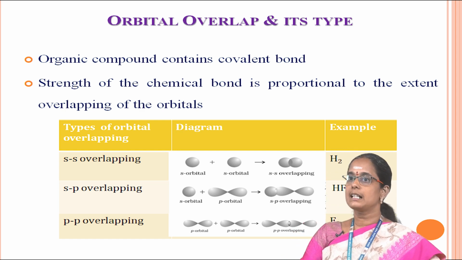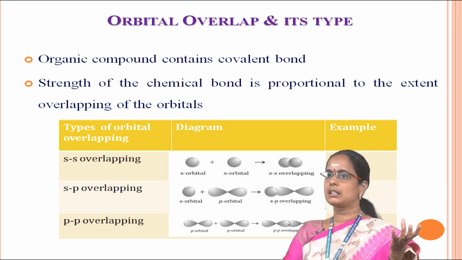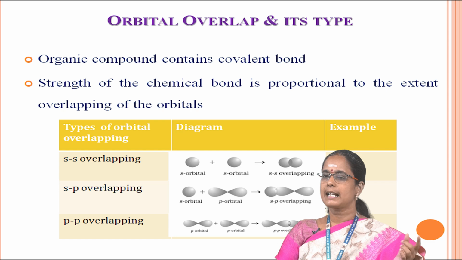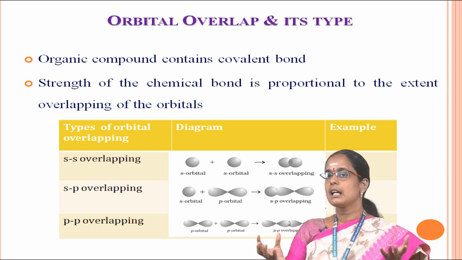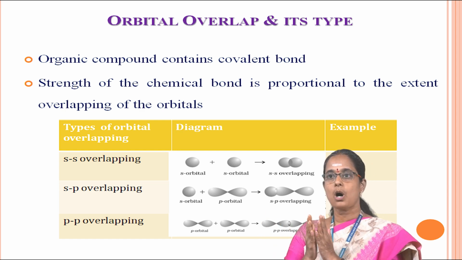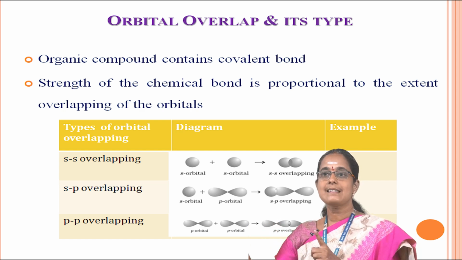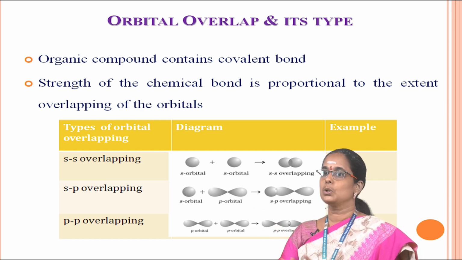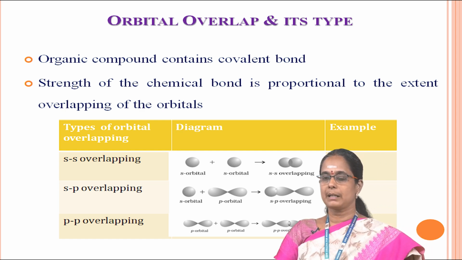The example is the hydrogen molecule. Because each hydrogen atom contains 1 electron, in the hydrogen molecule the 2 hydrogen atoms contain 2 electrons, and the 2 s orbitals overlap, ss overlapping, to form a sigma bond in the hydrogen molecule. The second one is sp overlapping.